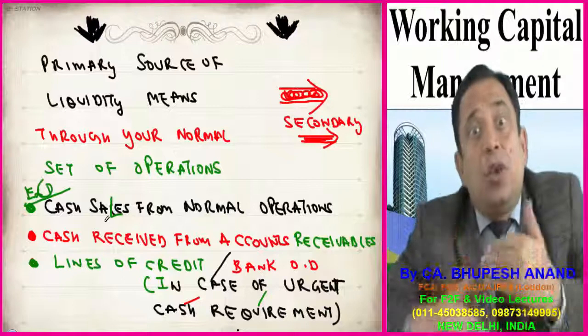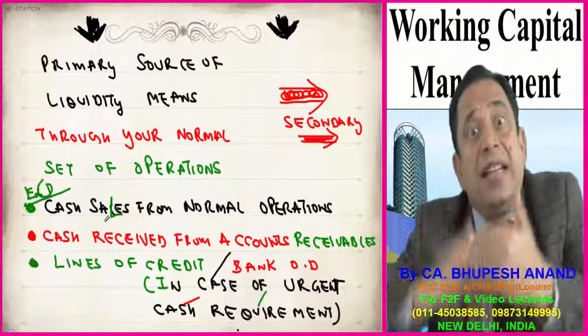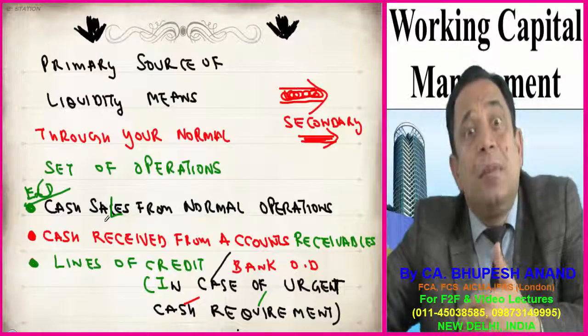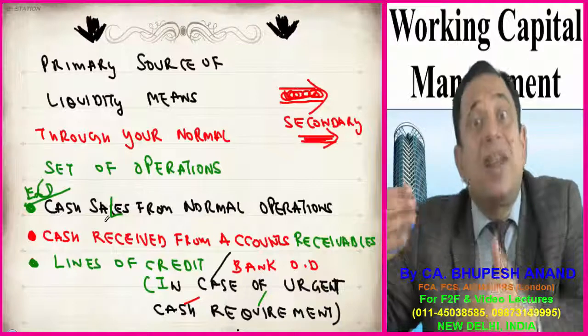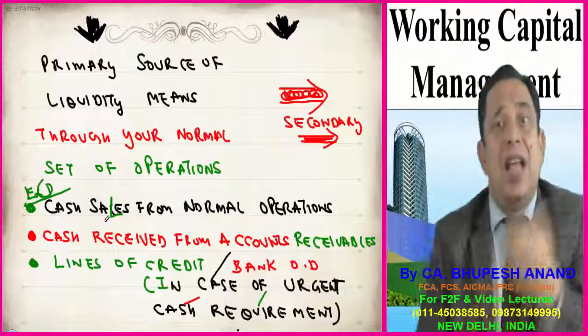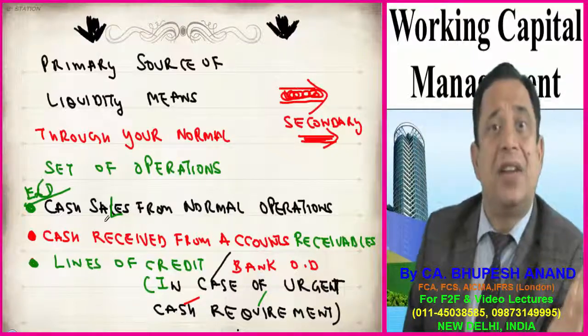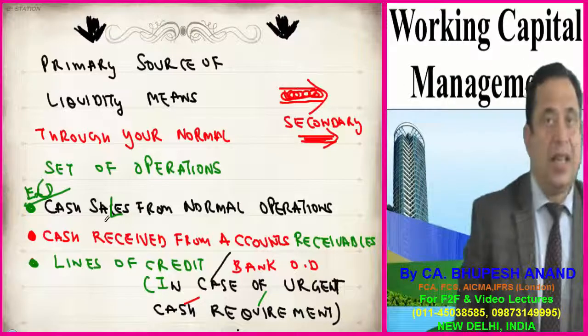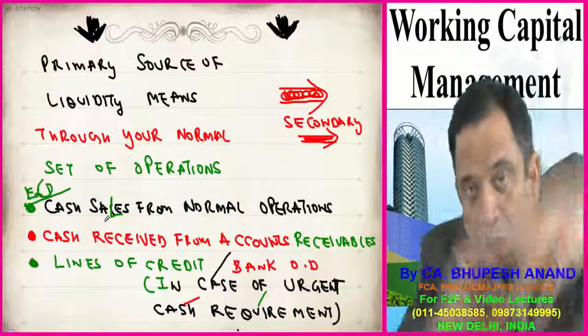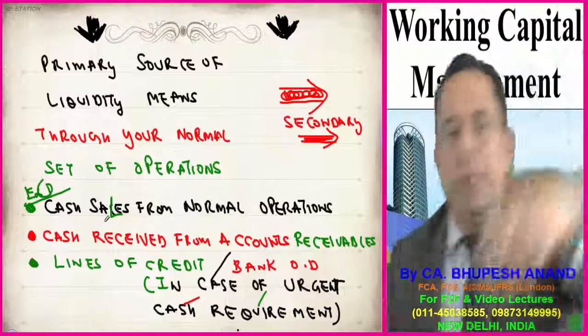We have sold the goods on credit and we are getting that from our customers after the credit period. That is cash received from accounts receivables. And third is line of credit. Supposing we require urgent cash and we are getting a cash credit facility or bank overdraft from bankers. That is named as line of credit. So all these three sources are primary sources of liquidity.